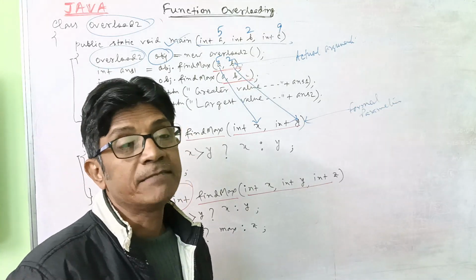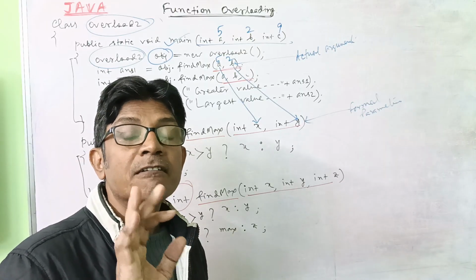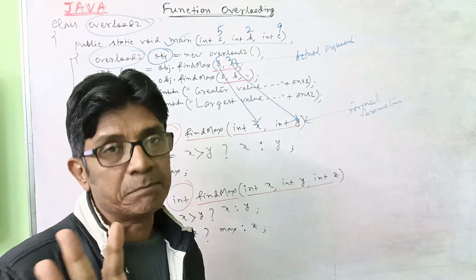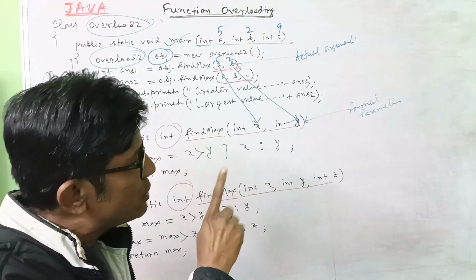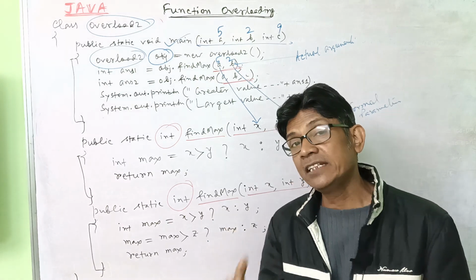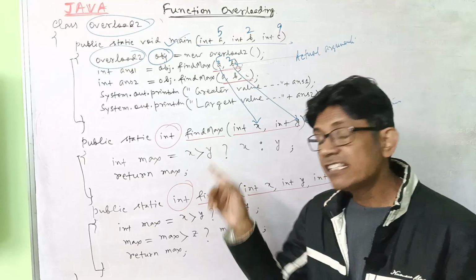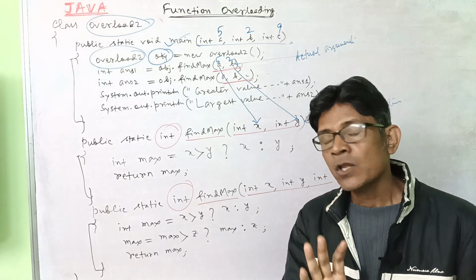I have made this question in such a way that this program will work only when the values are not the same. Don't think that you can give two equal numbers or three equal numbers; this program will not work.